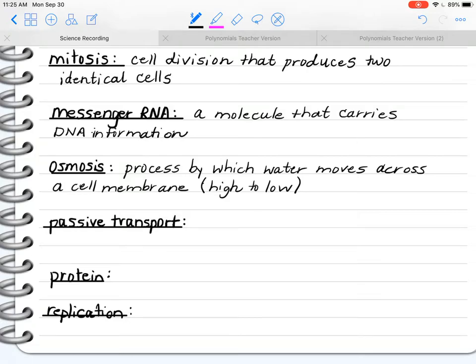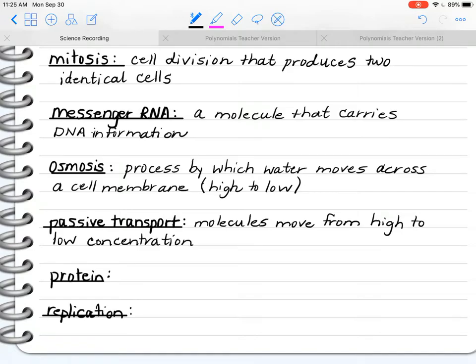Okay. Passive transport is along that same line. We're still moving molecules from high to low concentrations. But there's one catch. From high to low, this does not require energy. Active transport requires energy, passive does not.